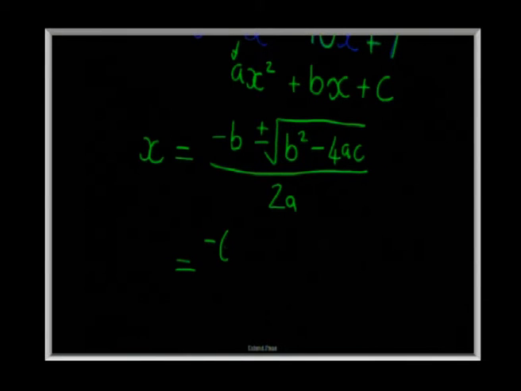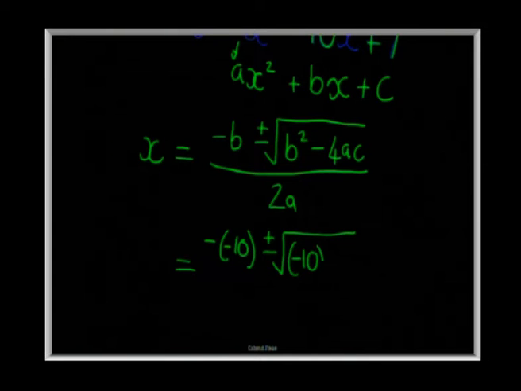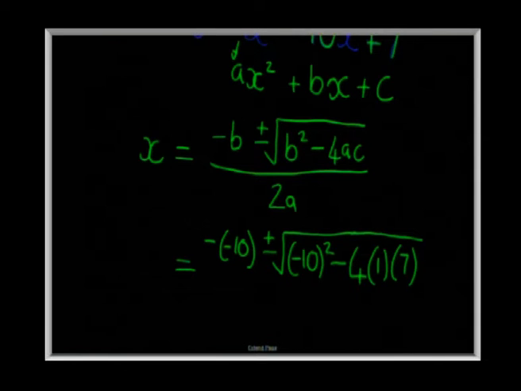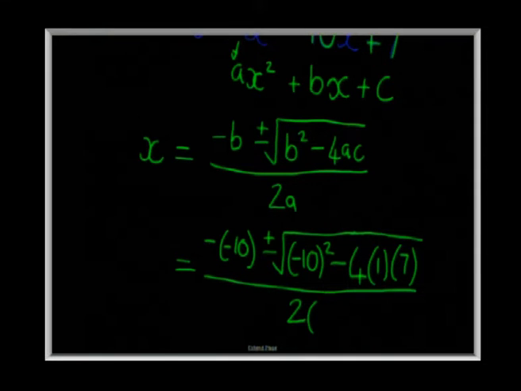Our b value is negative 10 plus minus, and once again, negative 10 squared minus, let's put the 4 in first, a was 1 and c was 7. Have we completed it? No, we're still missing out 2a at the bottom. And you'd be surprised how many people forget to put in the denominator. 2 times a was 1.